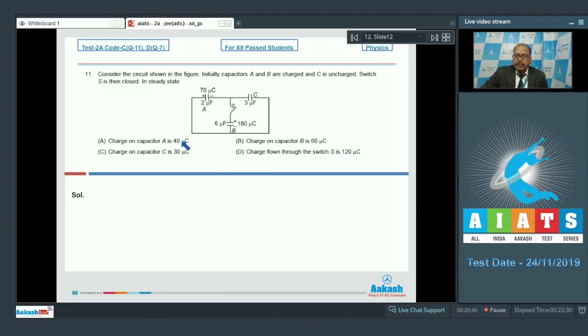So the question is based on capacitors, and it also makes use of Kirchhoff's loop law and Kirchhoff's circuit laws. So let's close the switch and distribute the charge again. After the switch S is closed, we have a circuit like this.